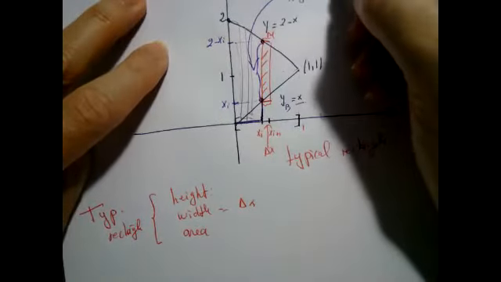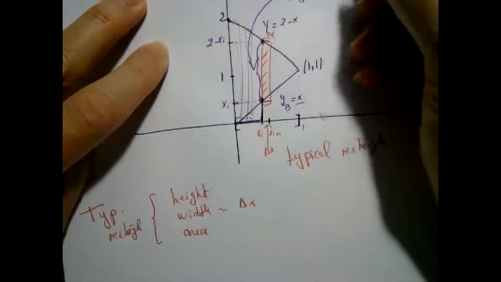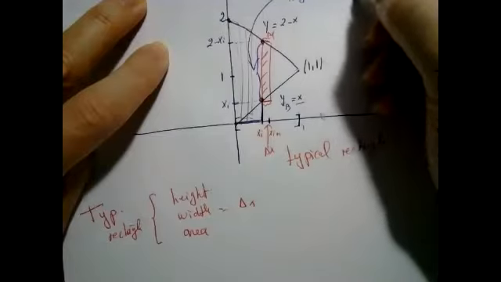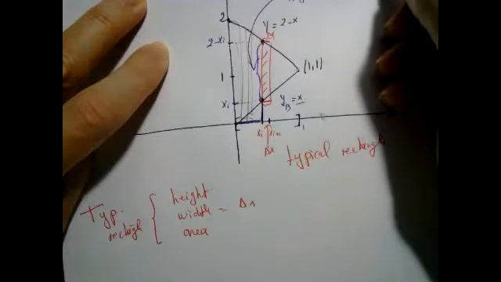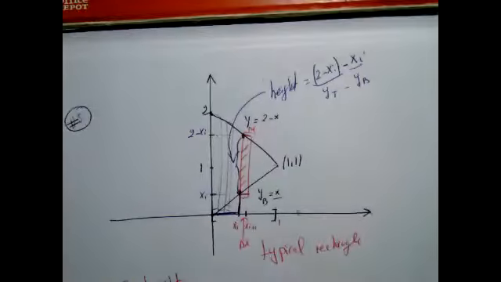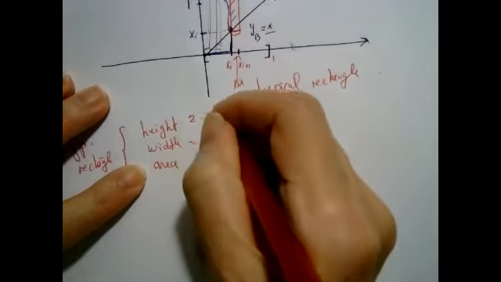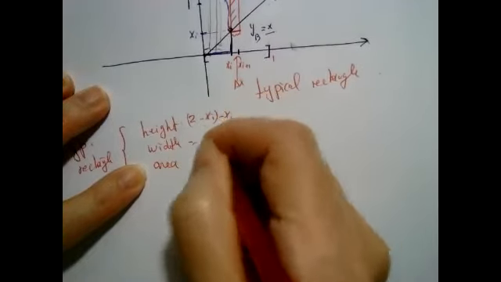The top always minus the bottom. So the height is 2 minus x_i minus x_i.